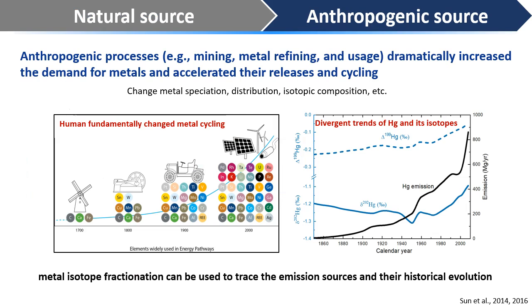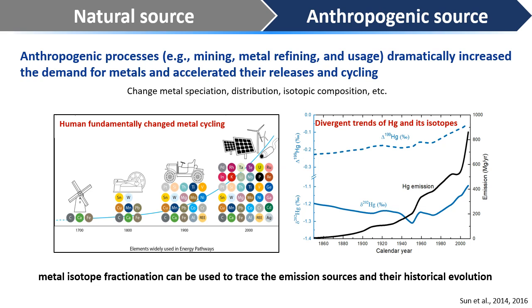So once the anthropogenic process comes into play, like what is happening in today's world, metal isotope fractionation can be used to trace the emission sources and the historical evolution, as shown, for example, by the divergent trends of mercury and its isotopes.